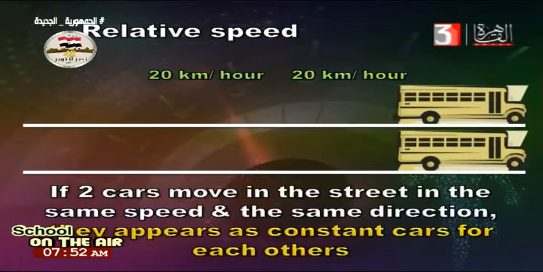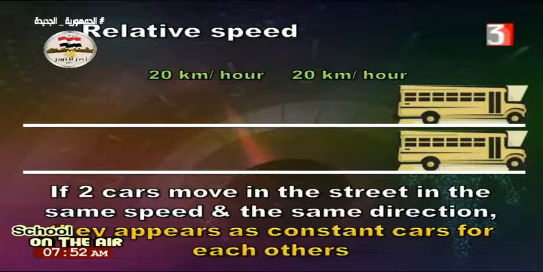Two buses or two cars move in the street in the same speed and the same direction. They appear as constant car for each other. Why? The speed of the first car equals 20 km per hour and the speed of the second car equals 20 km per hour, so they appear as constant car for each other.